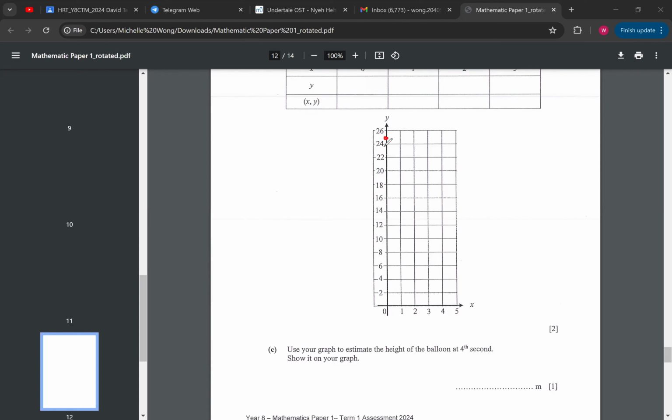And then (1, 20) will be here. (2, 15), we should be here. (3, 10), we should be here. Now you use a ruler to connect all of it. And that's the graph.